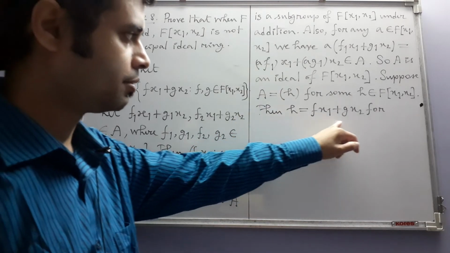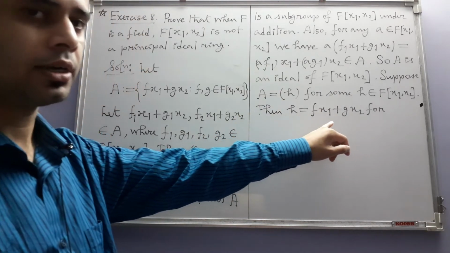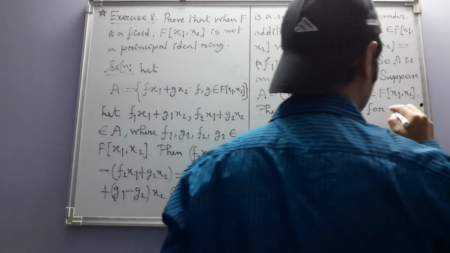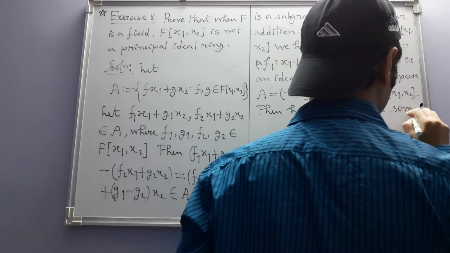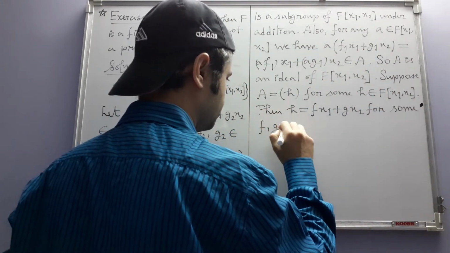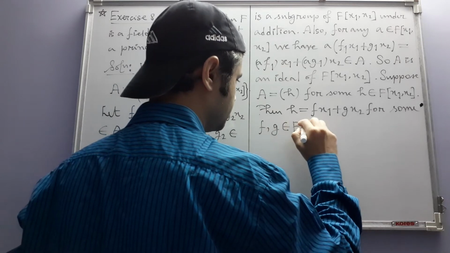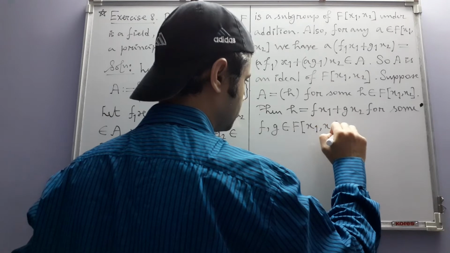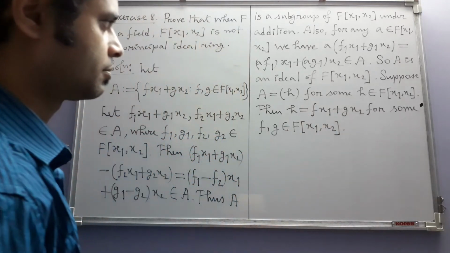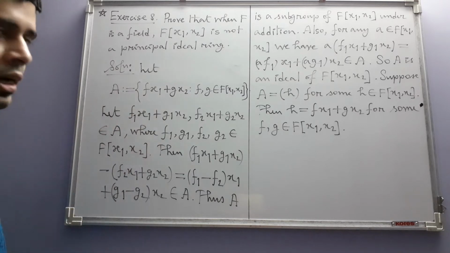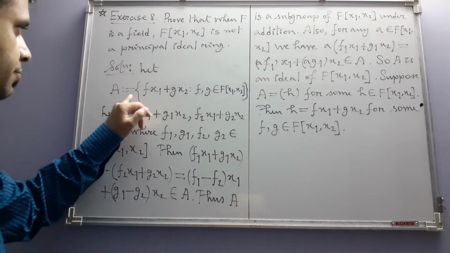It will be a combination of x1 and x2 with coefficients coming from the ring, for some f and g belonging to this. Okay.